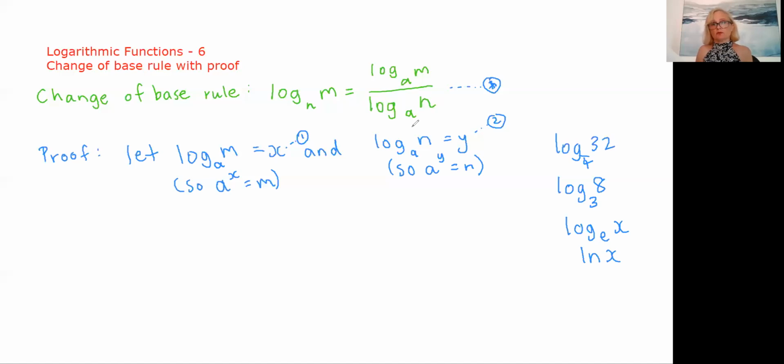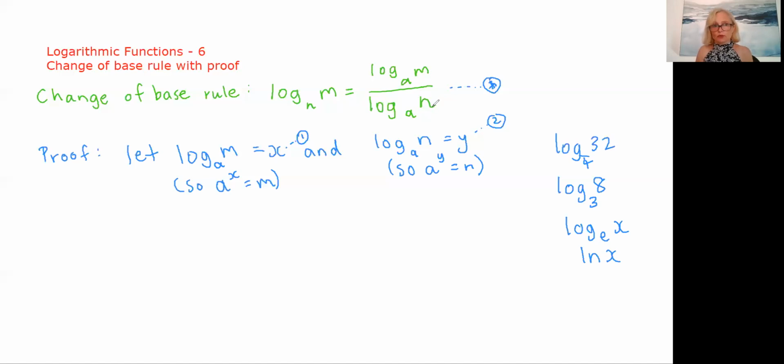Very unmathematical way of remembering it, but if it helps you remember the rule, then all good. So whatever base you're changing to, that's got to be the same in numerator and denominator. You can't change base to base 10 in the numerator and into base 8 in the denominator. It's not going to work. And then the m and the n go like that.